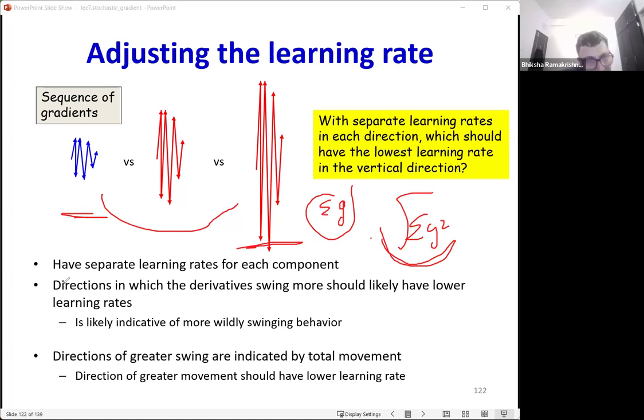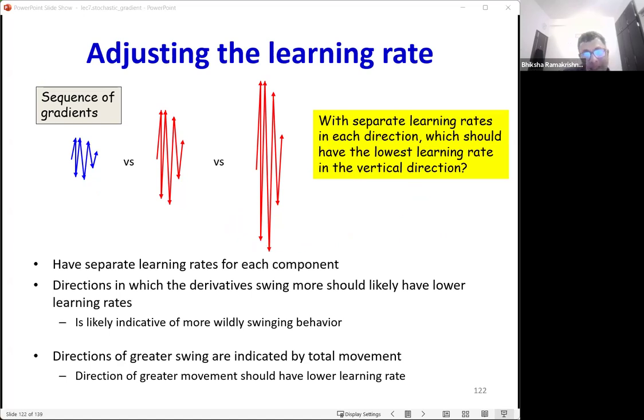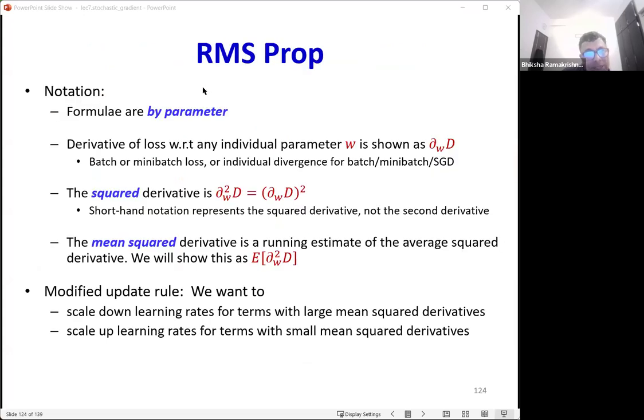Guys, I need you to be prompt, otherwise I run out of time, okay? So this is what we will do in RMSProp. We are going to maintain a running average of the squared derivative in each direction. We want the mean squared derivative, the RMS value, but we have not yet taken the root.